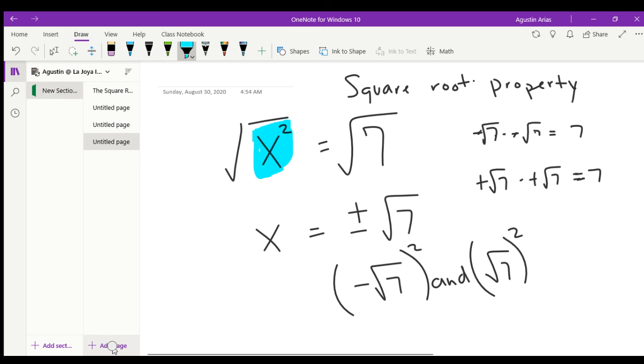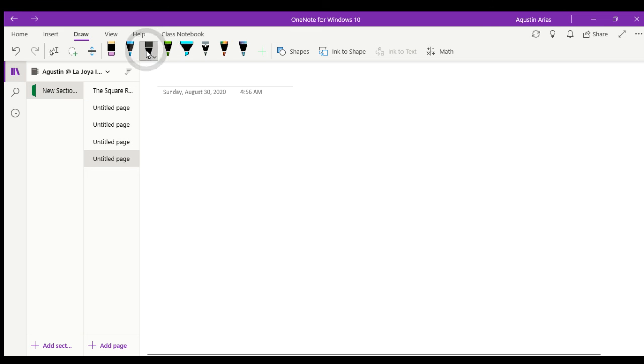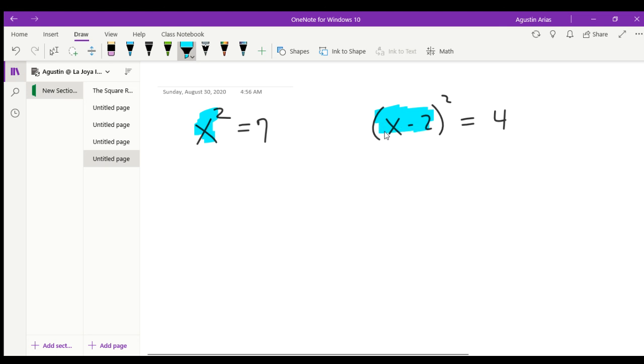We saw some examples where it wasn't just x squared. You could use it here, and you could also use it here, because as long as it's something to the second power, that's when you use the square root property. You take the square root.